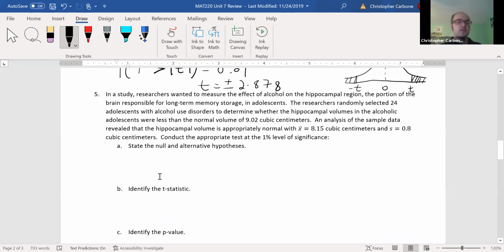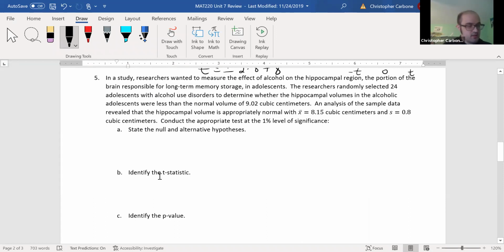Moving along, question number 5. In a study, researchers wanted to measure the effect of alcohol in the hippocampal region, the portion of the brain responsible for long-term memory storage, in adolescents. The researchers randomly selected 24 adolescents with alcohol use disorders to determine whether the hippocampal volumes in the alcoholic adolescents were less than the normal volume of 9.02 cubic centimeters.